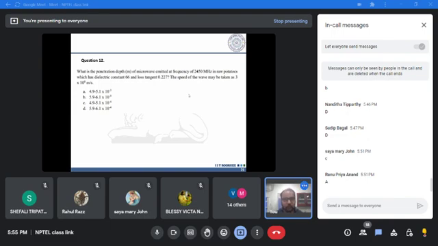The speed of the wave may be taken as 3 times 10^8. I will tell you the answer next week. This will be the homework for all of you, so do your homework and come to the next class, where we will discuss it.